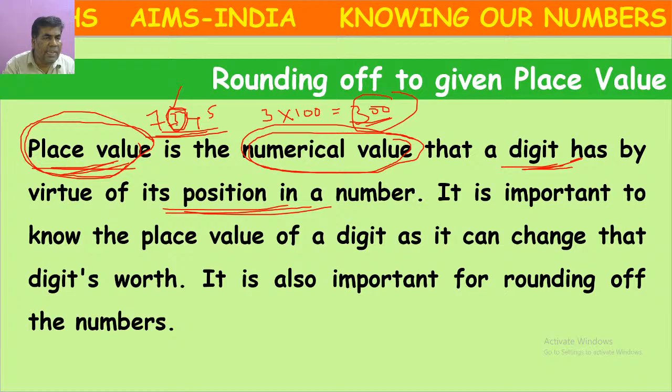How is 3 getting the value of 300 here? Because of its position. So it is getting this numerical value because of its position.